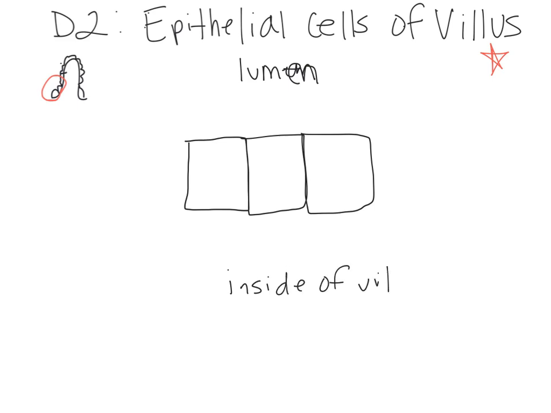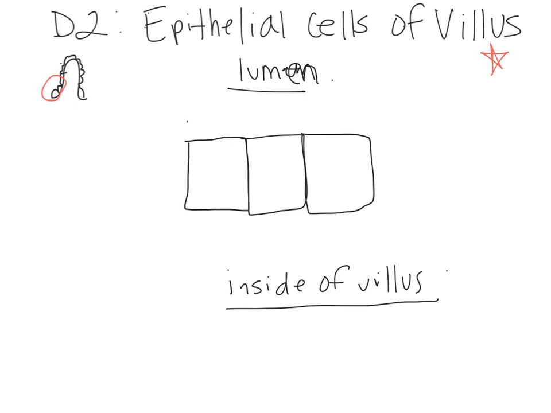And inside of the villus, again, you're going to find a capillary network and the lacteal, and their job is to absorb the food that is coming from this lumen into either the capillary, into the bloodstream, or into the lacteal, into the lymphatic system. So all of these features of these epithelial cells are to help these cells get the food molecules, those digested nutrients from the lumen into either the bloodstream or the lacteal.